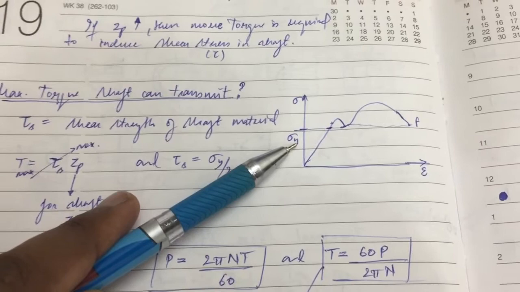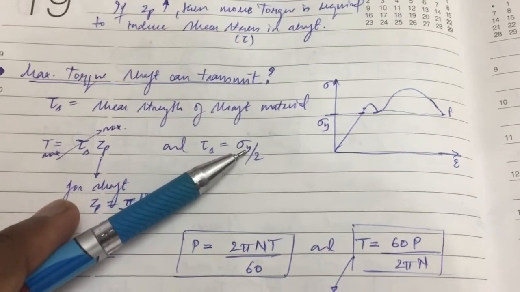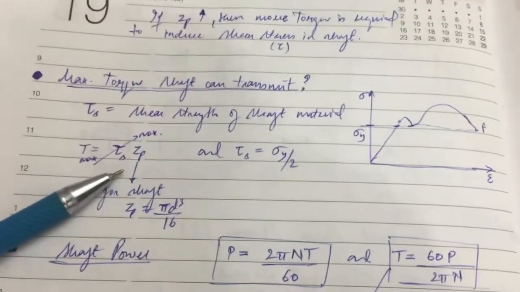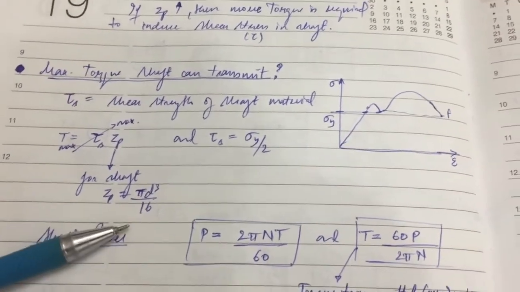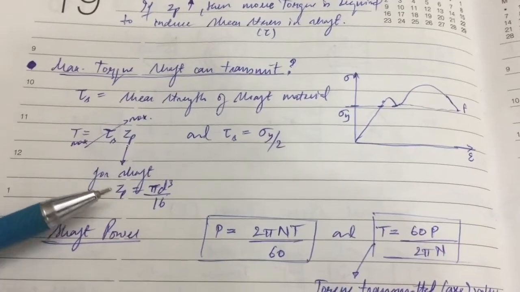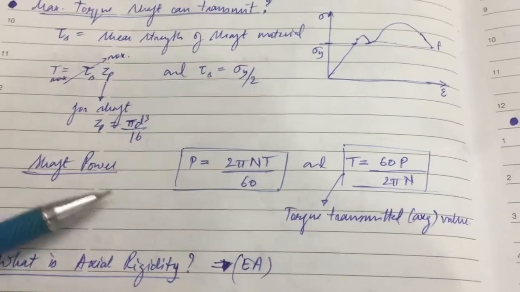From the yield strength we can find the maximum shear stress, which is the yield strength divided by 2. From this we can calculate the maximum torque that the shaft can transmit, which is also dependent on the polar modulus.